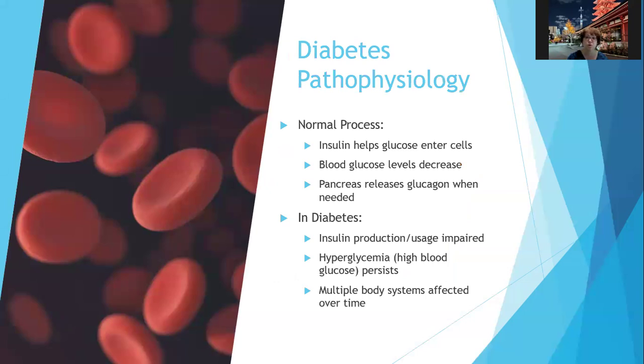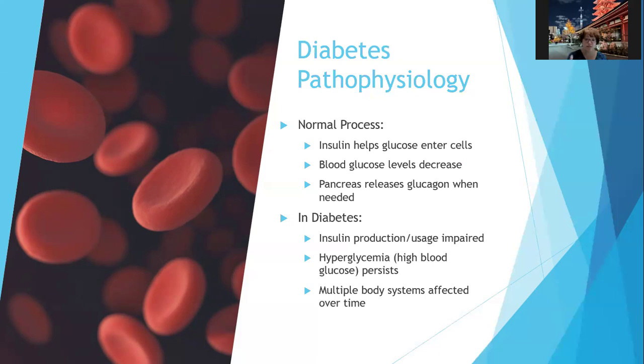In the normal process, when things are working as they should, the pancreas produces insulin and insulin helps the glucose enter cells. I always say insulin escorts the glucose into the cells. Blood glucose levels decrease because it's going into the cells, and the pancreas releases glucagon when you need more glucose to mobilize glycogen from the liver and convert it into glucose.